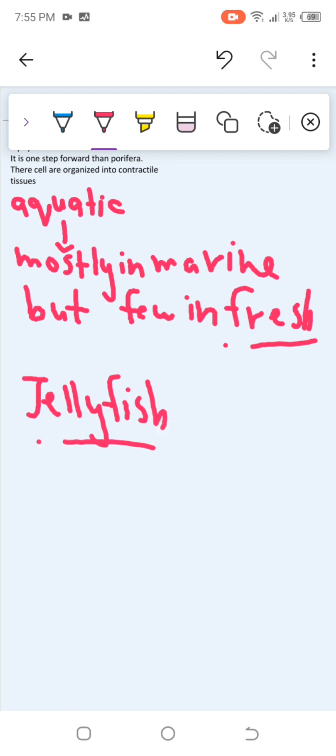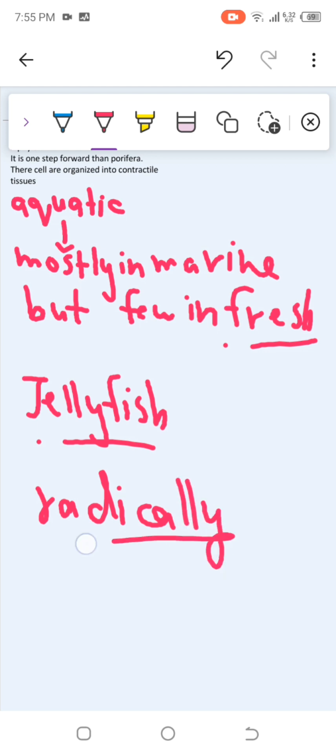They are radially symmetrical, which means they can be cut into two equal halves. For example, if I draw a human here, it is cut into two equal sides. Phylum Cnidaria are also radial, they can be cut into two equal halves.